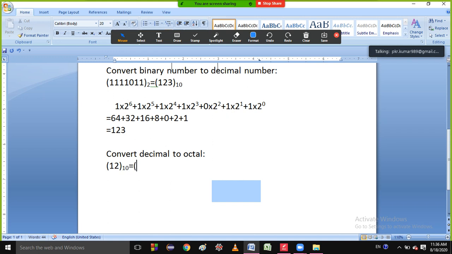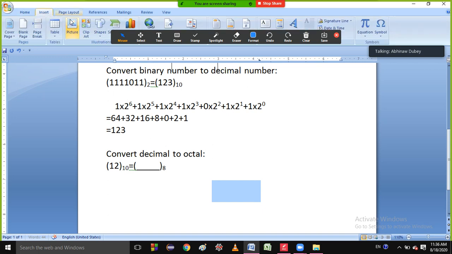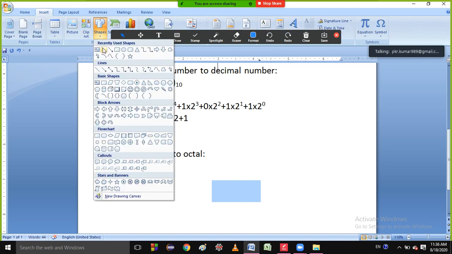How many? How much? It will have base 8. Very nice. 8. But you didn't tell me at the right time.